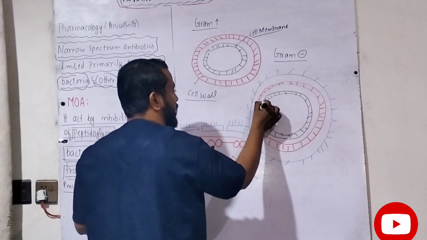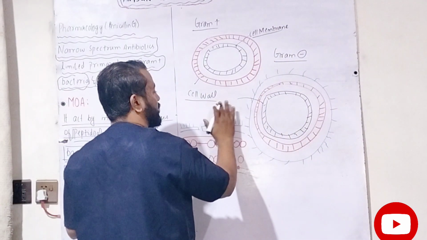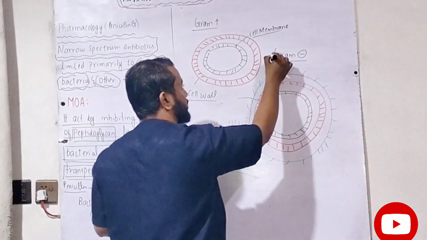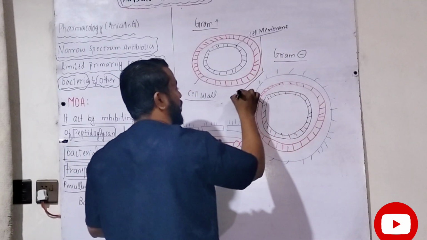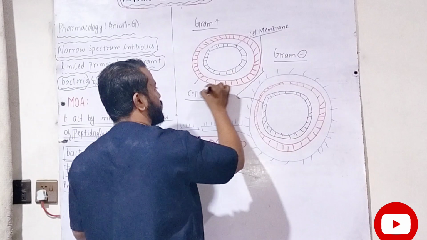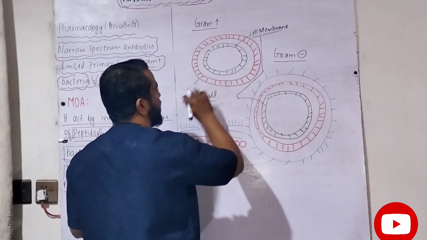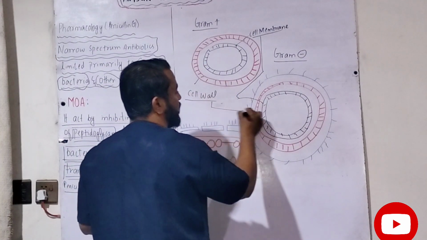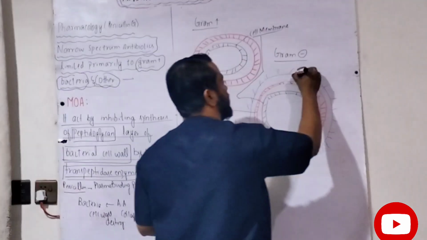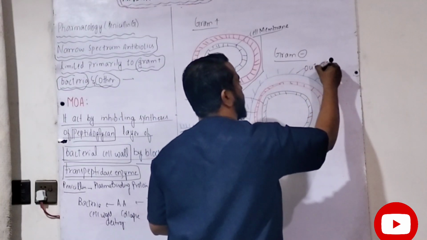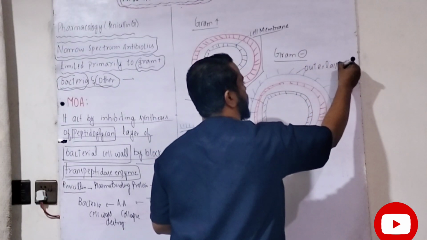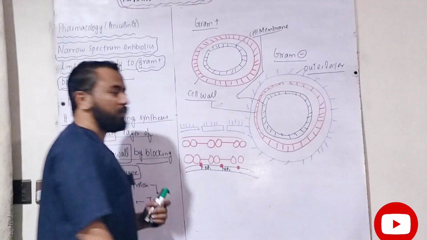In the same way, in the gram negative, this one is the cell membrane, this one is the cell wall, and additionally this one is an outer layer.